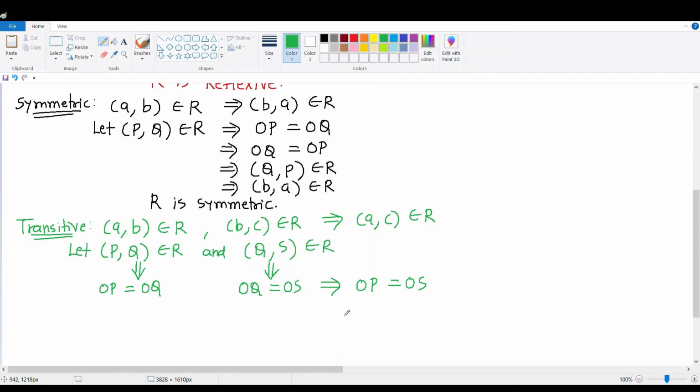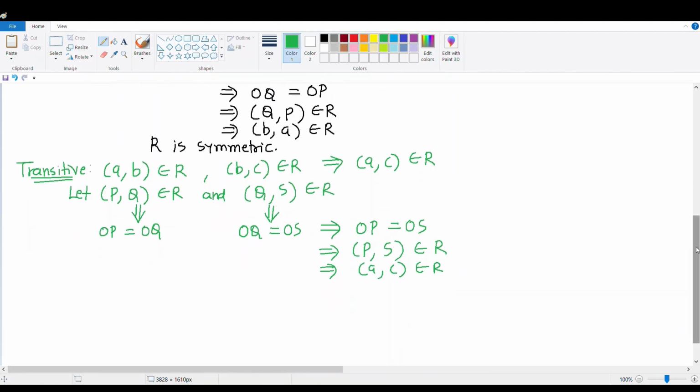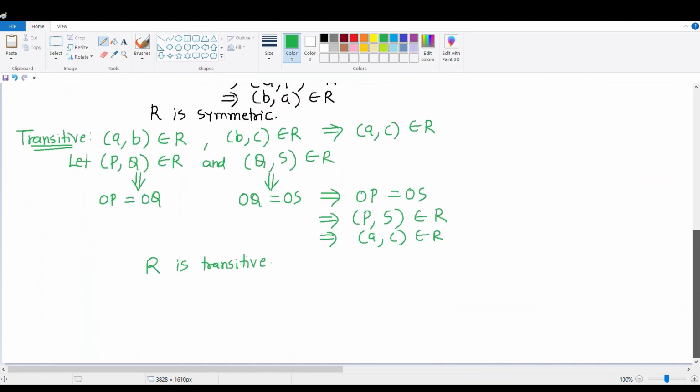And since OP is equal to OS, that means we can say that (P, S) belongs to R. And that means (A, C) belongs to R because P was our A and S was our C. As soon as we prove that, we can say that this is transitive as well, right? So R is transitive.